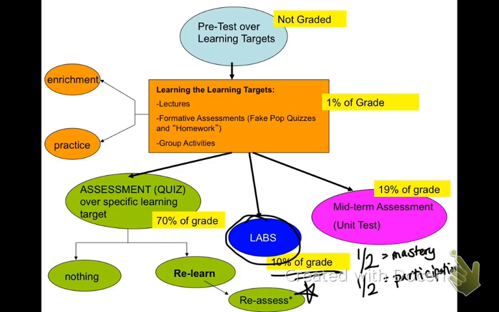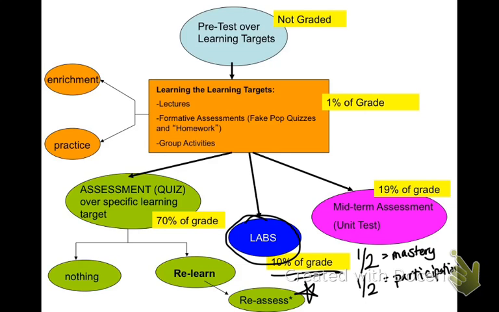And that is basically seeing if the student has abided by lab safety rules, has taken all of the correct lab procedure steps, is following what he or she is supposed to be doing in lab. So that's 10% of their grade.